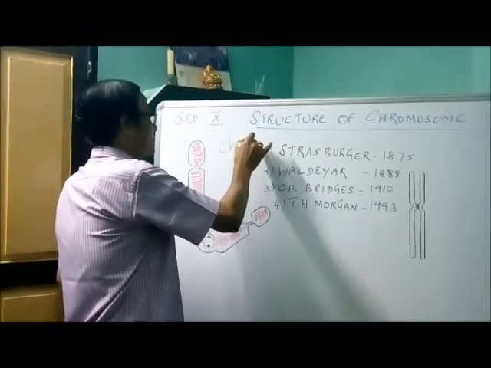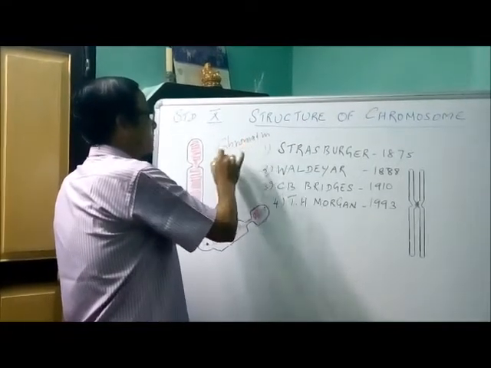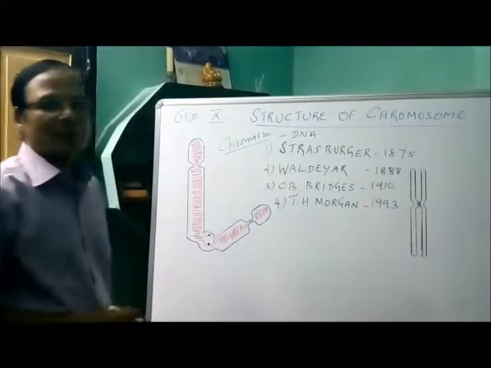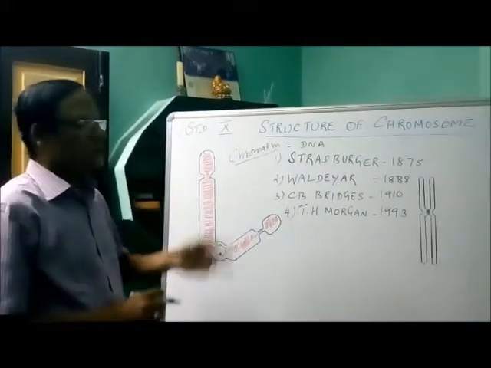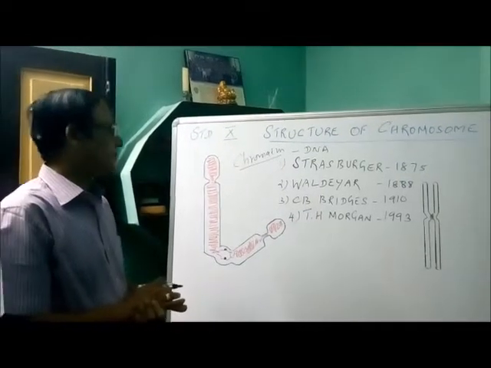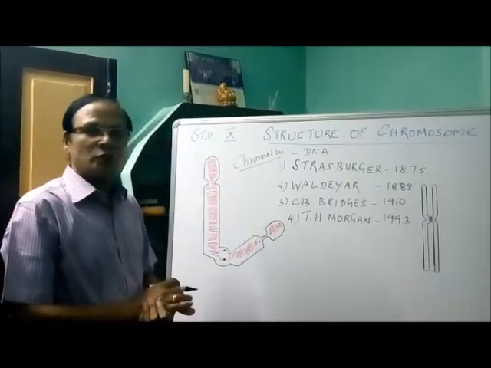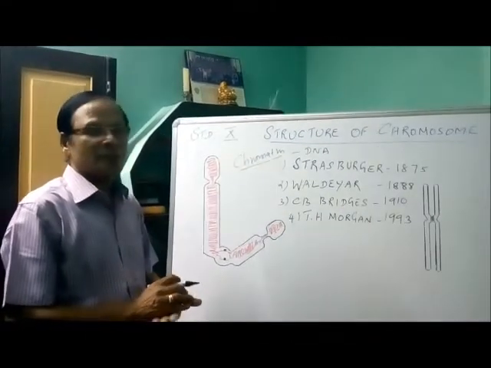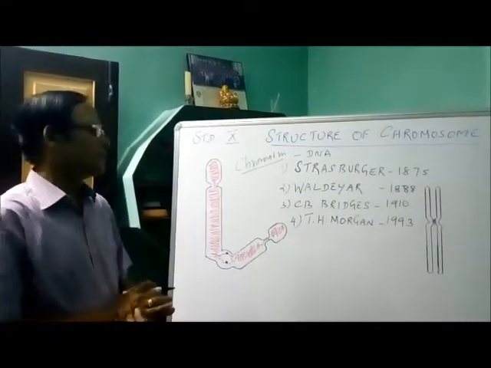The chromatin is packed with DNA, which contains the genetic material. So the chromosomes are highly coiled, condensed chromatin fibers packed with DNA. The DNA is the genetic material carrying the information.